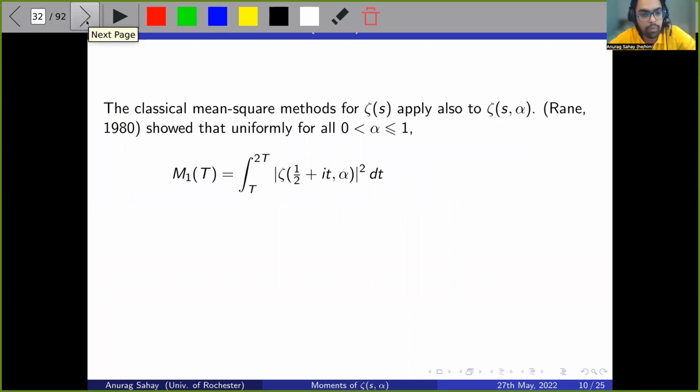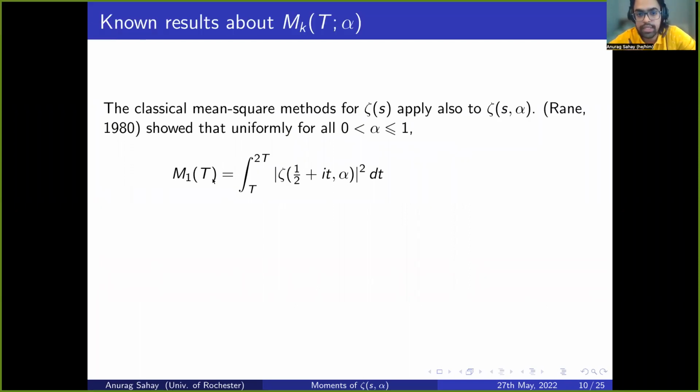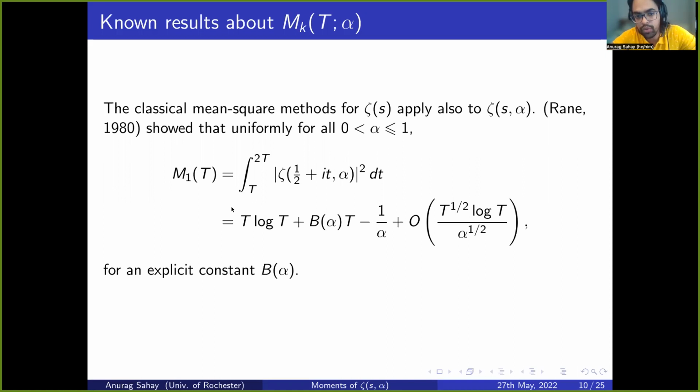Okay. What's known already about the Hurwitz zeta moments? The second moment of the Hurwitz zeta function is fairly classical. You can apply the exact same methods that apply for the Riemann zeta function with no issues, and this is what Rane did in 1980. He showed, uniformly in alpha, and in particular alpha doesn't have to be rational here, that this moment is T log T plus some constant that depends on T, and then an expansion in terms of alpha.